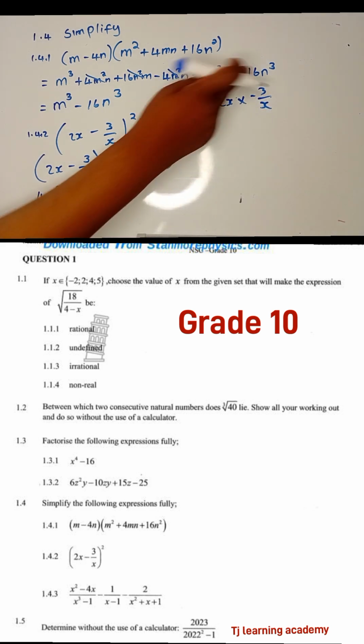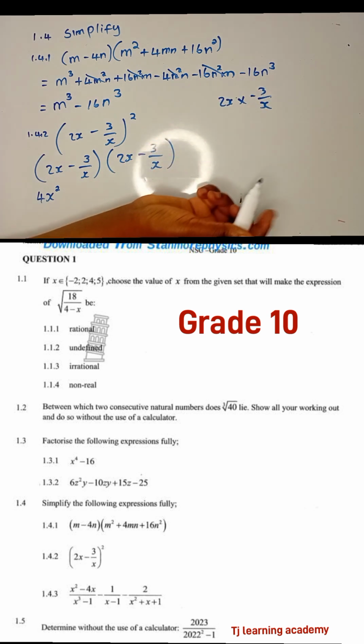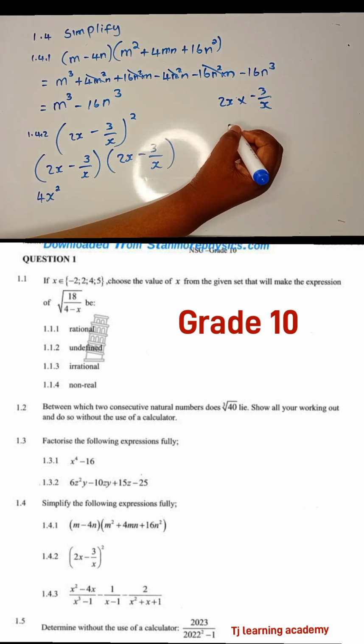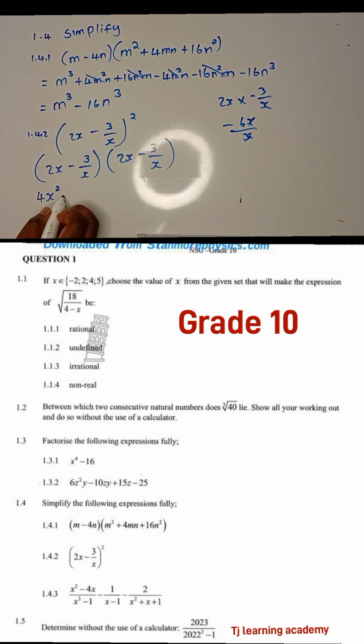We know that this number multiplies the numerator, right? 2x times minus 3 is negative 6x divided by x, and then x and x will cancel. I'll be left with minus 6. And we are done with 2x now.